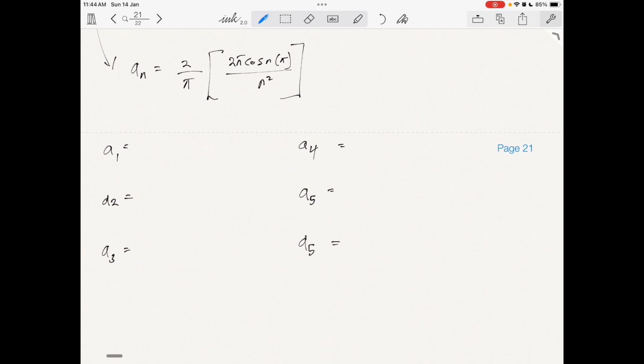So when n is equal to 1 in this equation, we have that a1 is equal to minus 4, and a2 is equal to 1. a3 is minus 4 over 3 squared.